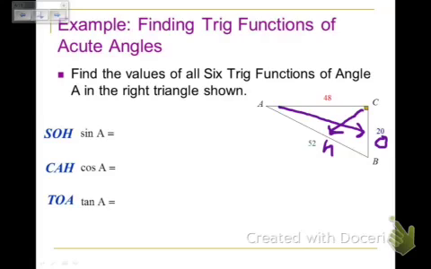Adjacent kind of means right next to, so the one right next to A here is 48. So opposite is 20, adjacent is 48, and hypotenuse is 52.